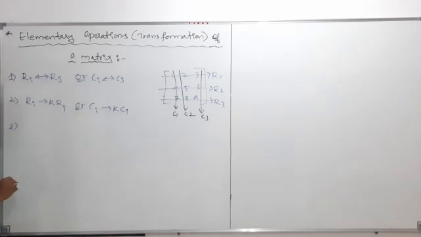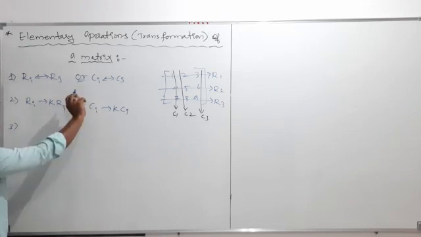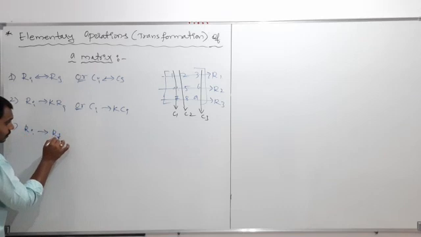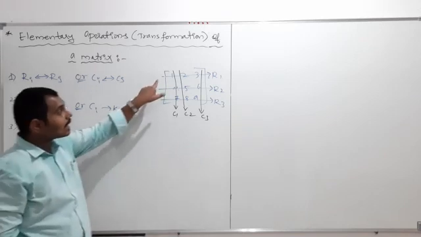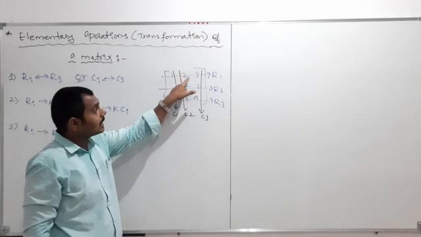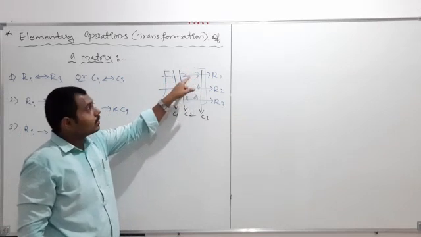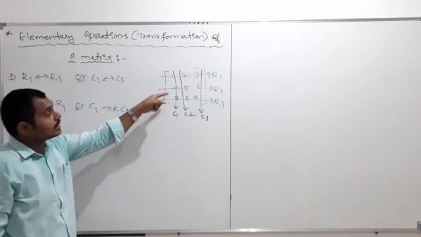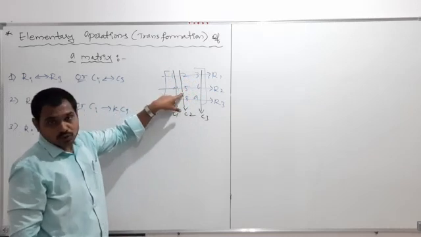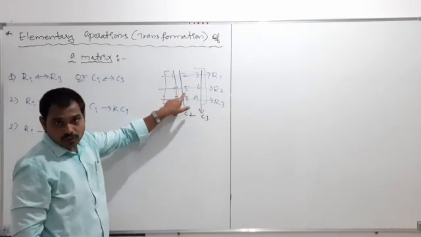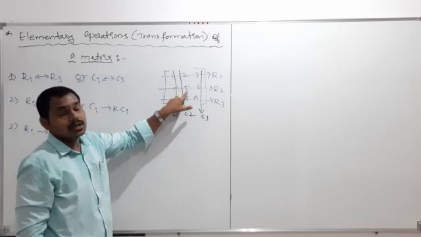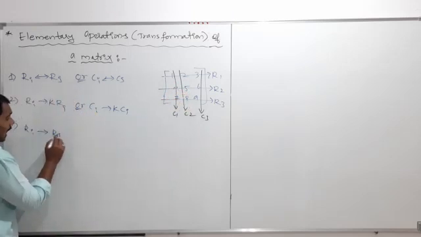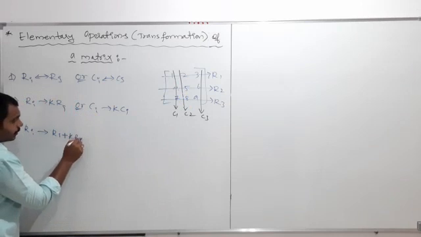Next, my dear students, the third operation is that you can add the elements of any row with the corresponding rows by multiplying with a non-zero constant. It means Ri changes to Ri plus k into Rj.